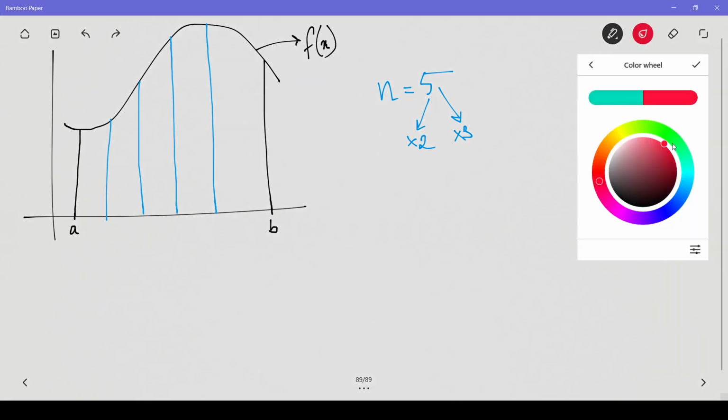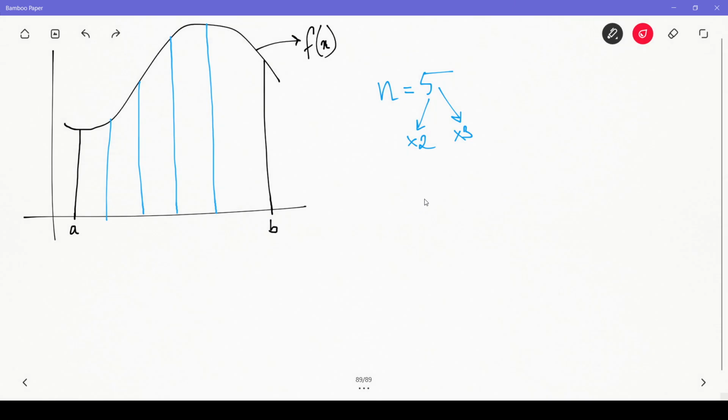So the idea of the mixed version of the Simpson's 1 by 3 and 3 by 8 rule, the combined version, is that for a particular series of segments, we'll apply the Simpson's 1 by 3 rule, and for another particular series of segments, we'll apply the Simpson's 3 by 8 rule.